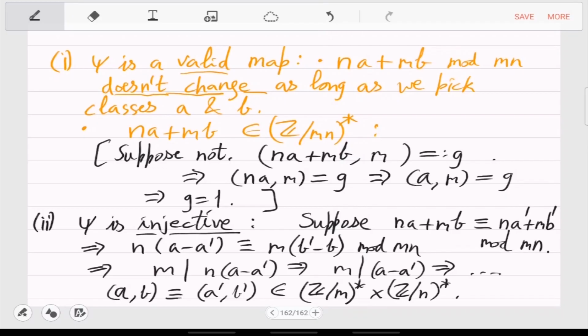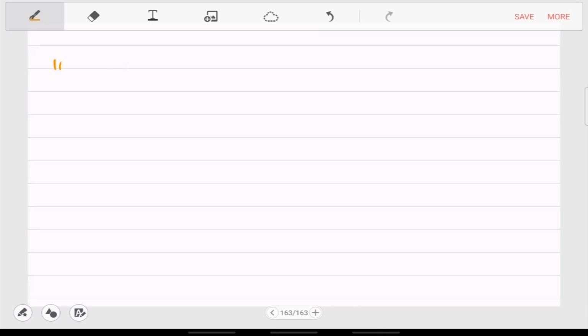So which means that this map is injective. Okay, different pairs are mapped to different elements, different integers. So that is what was the problem if you just took product of A and B, because a lot of things were mapping to the same, so it was not injective. So this is an injective map, and the last thing to check is that psi is surjective.